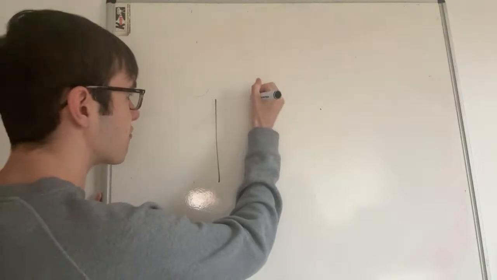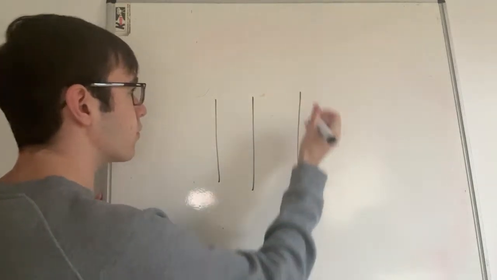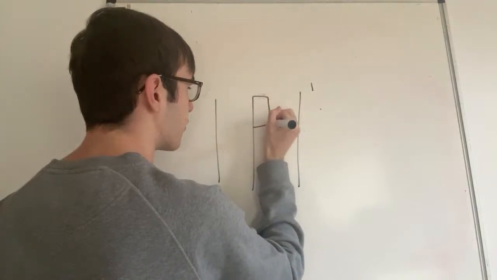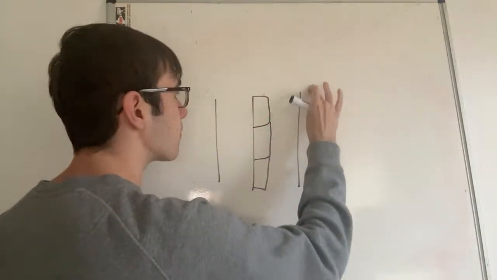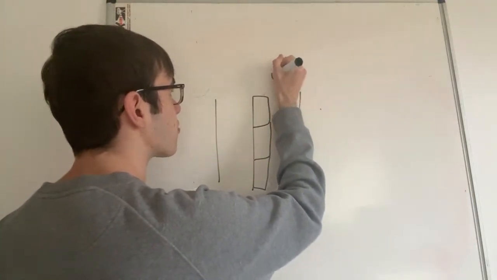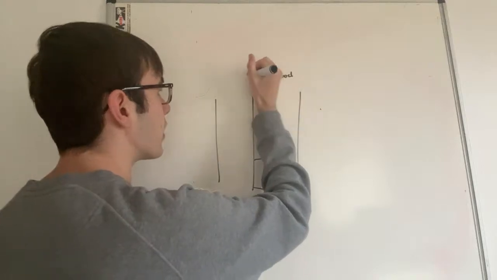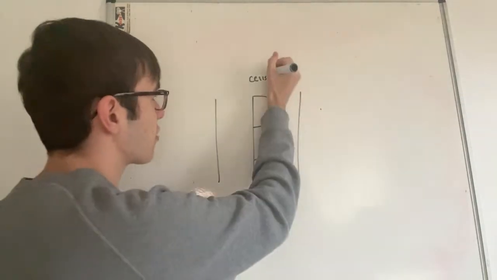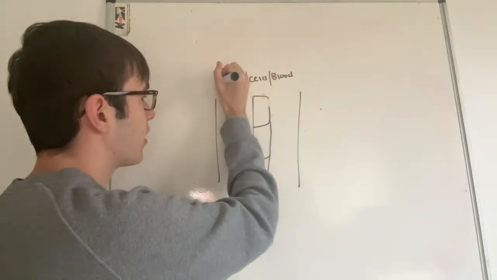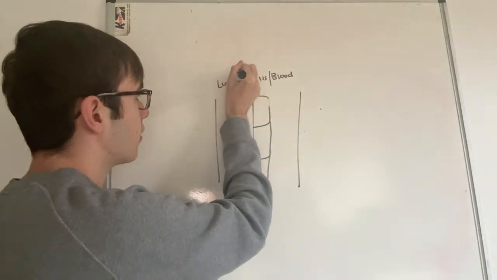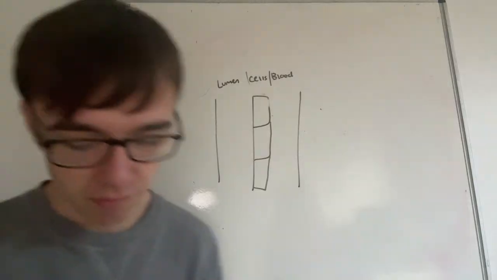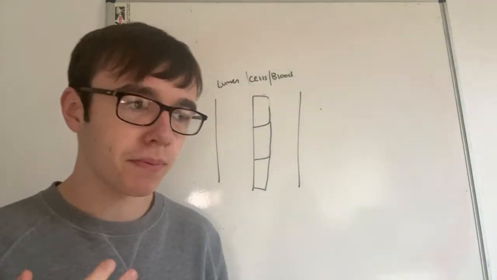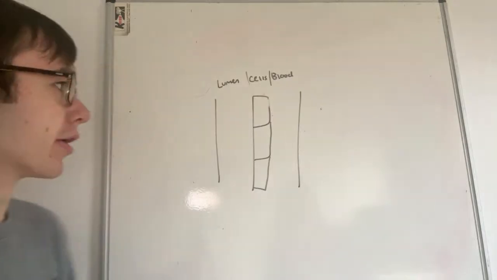Co-transport is the idea that we have the, I guess it's better if we draw it like this. We have the bloodstream. We have the cells lining the ileum, the epithelial cells. And we have the lumen of the intestine. The way this process works, it's all about playing with different concentration gradients.